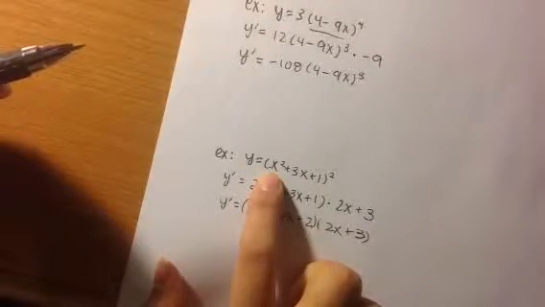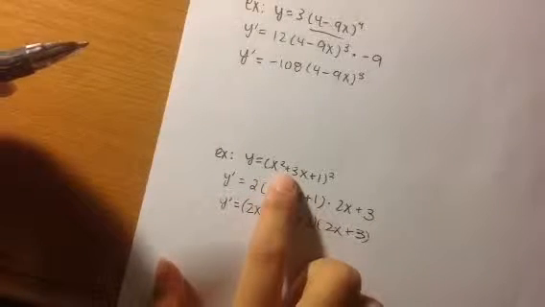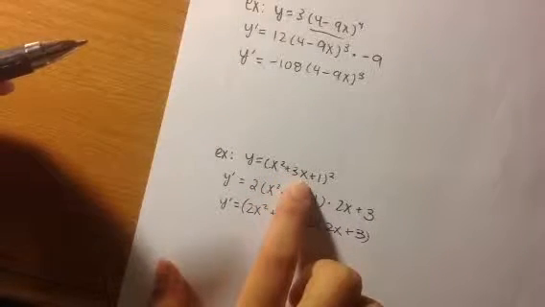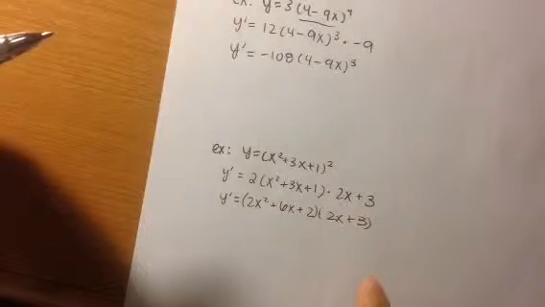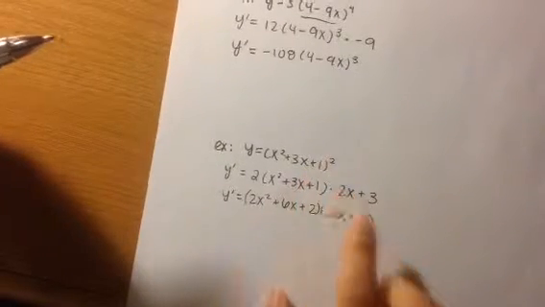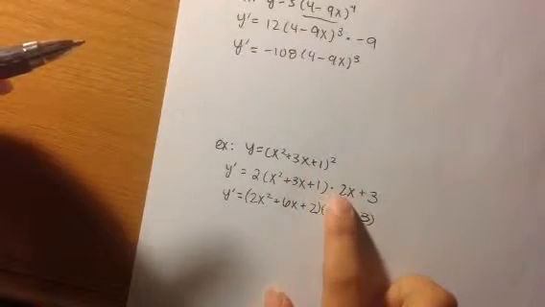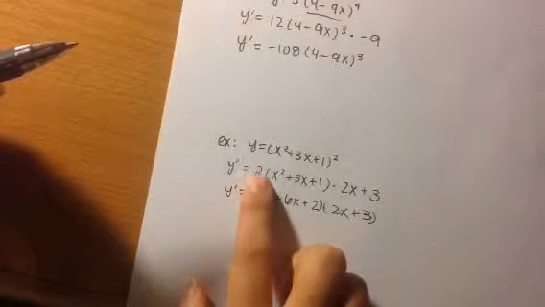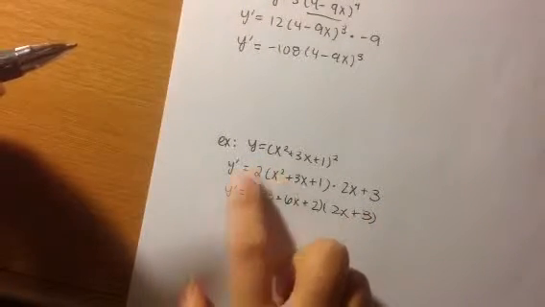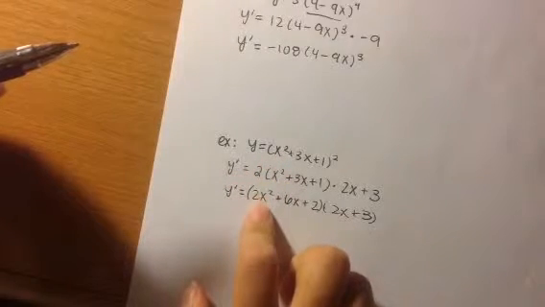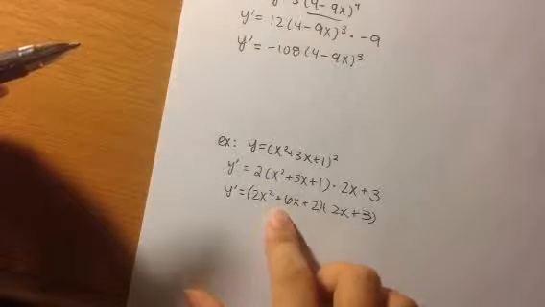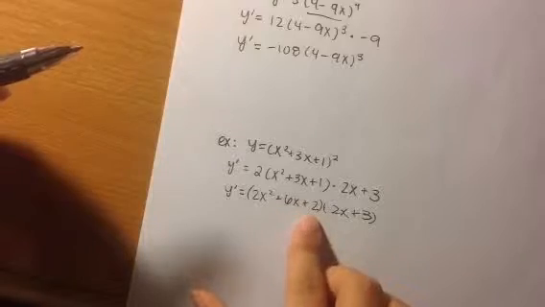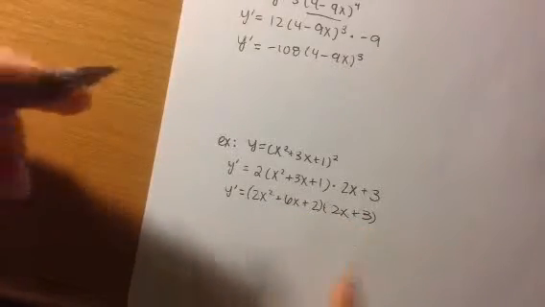So x squared is 2x, plus 3x, which is just 3, and 1 is constant, so again that's 0, so we don't put that. It's just times 2x plus 3. And what I did with the next step is I FOILed, so it becomes 2 times x squared plus 3x plus 1 times 2x plus 3.